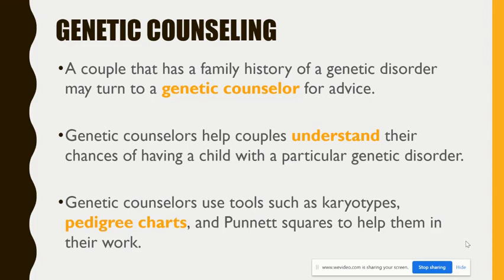And then that person can help them understand their chances or give them resources and tools for how to work through that genetic disorder or prepare for it. So these genetic counselors are able to use karyotypes, so looking at those chromosomes. They can look at pedigree charts to track what the likelihood is for generations, and even use Punnett squares to see what the probabilities could be.